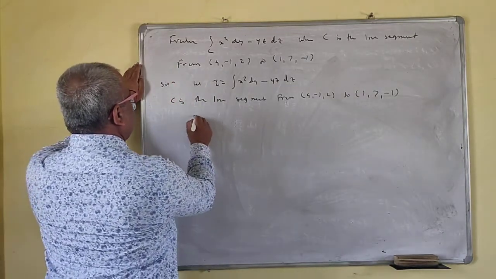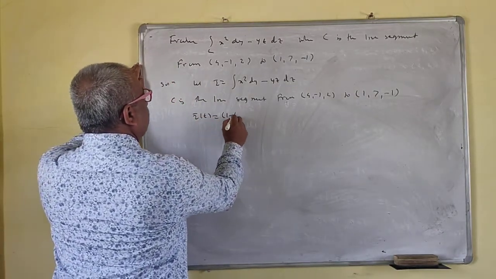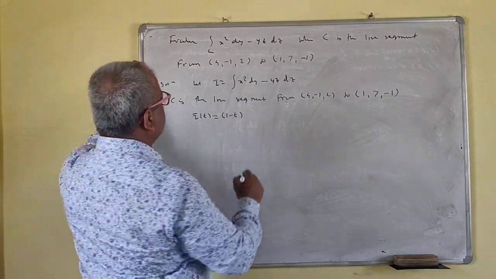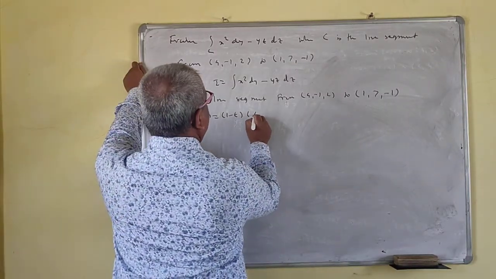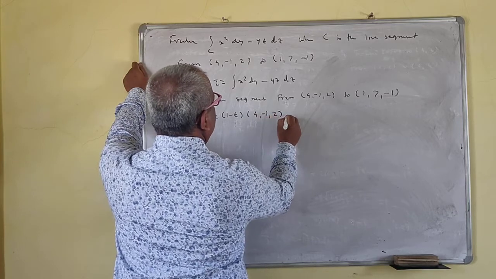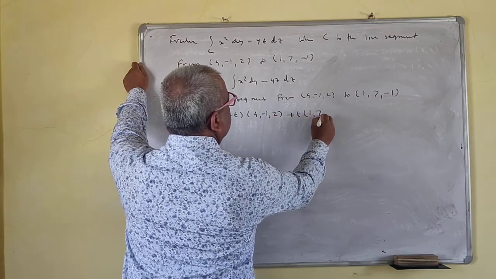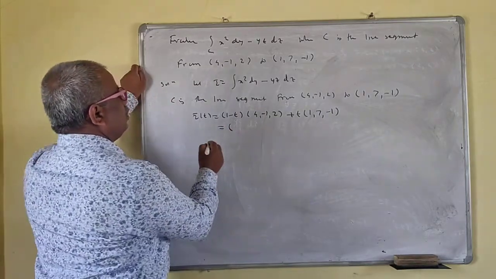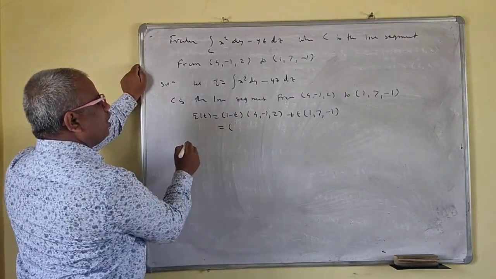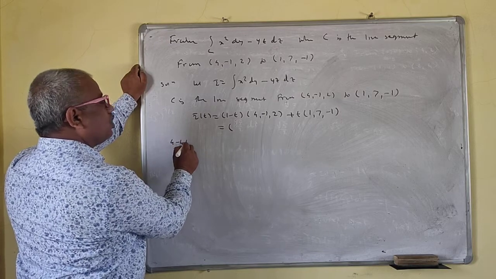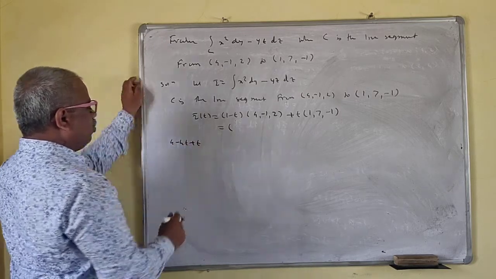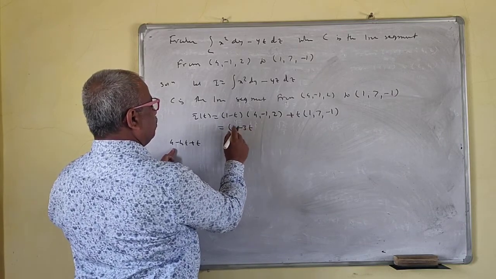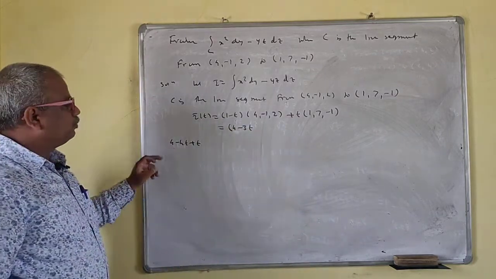Okay, so r bar of t is equal to 1 minus t times the first point, which is 4 minus 1 2, plus t times 1 7 minus 1. Okay, so this is equal to, first component, 4 minus 4t plus t. So this is 4 minus 3t.